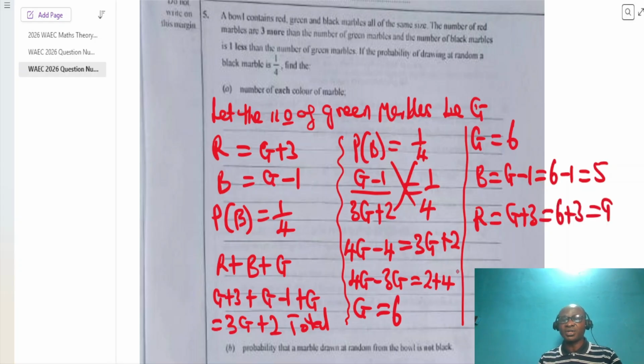In conclusion, green marbles is equal to 6, black marbles is equal to 5, and red marbles is equal to 9. Altogether, we have 6 plus 5, 11, plus 9, 20 marbles in the bowl. So that is the solution to question A.